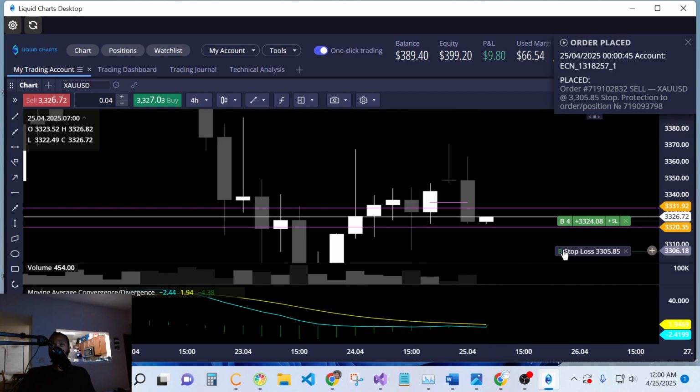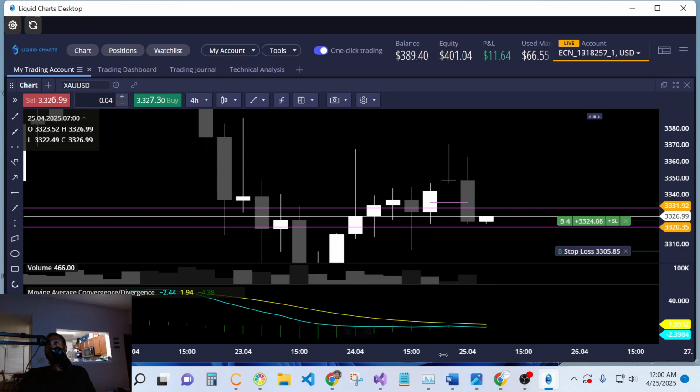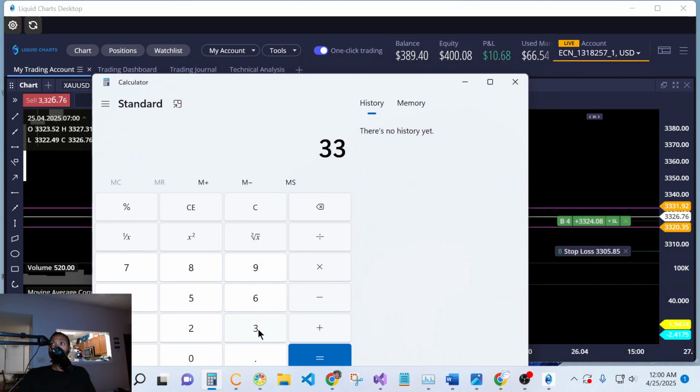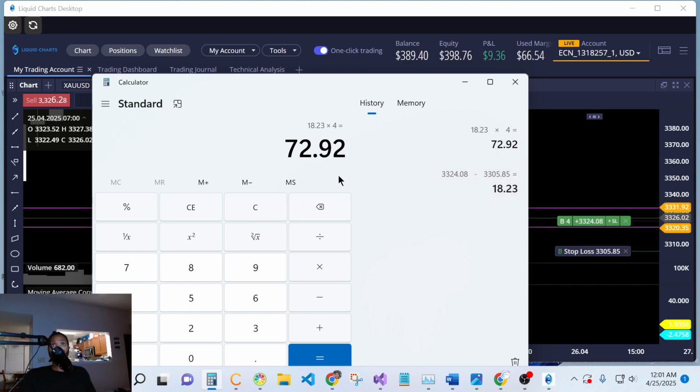What's the risk on that? Let's see. 3324.08 minus 3305.85 times 4. $72. That's way beyond my risk parameters.